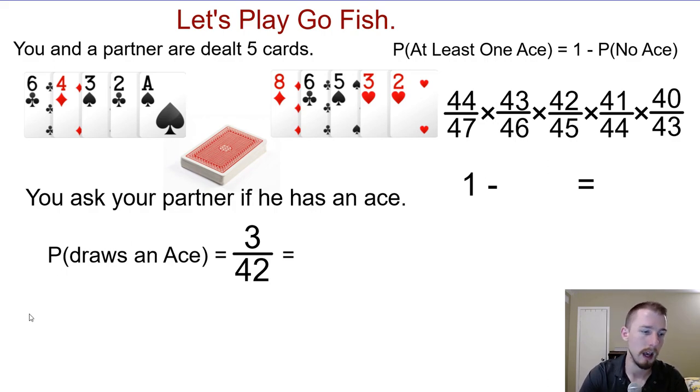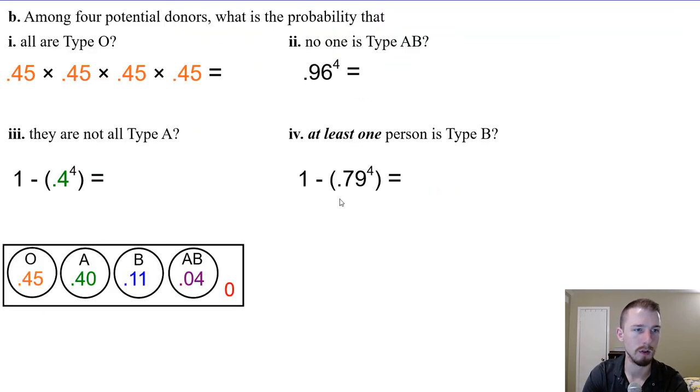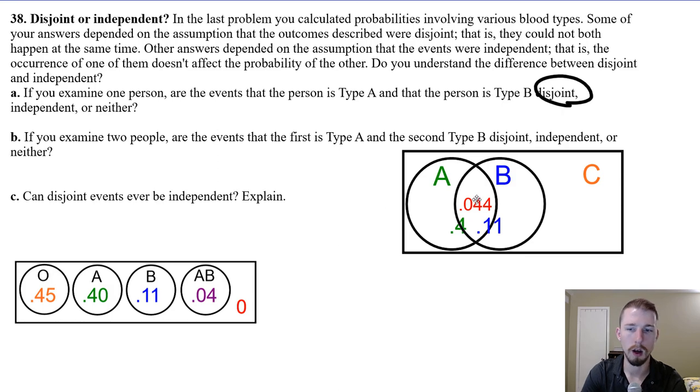However, when we're dealing with type A and type B blood with two different people, regardless of whatever blood type the first person was, that's not going to change the probability for the blood type of the second one. So we can use our multiplication rule, because we're assuming they're independent events, and they are.